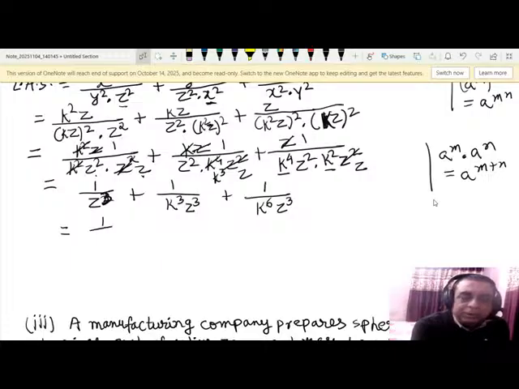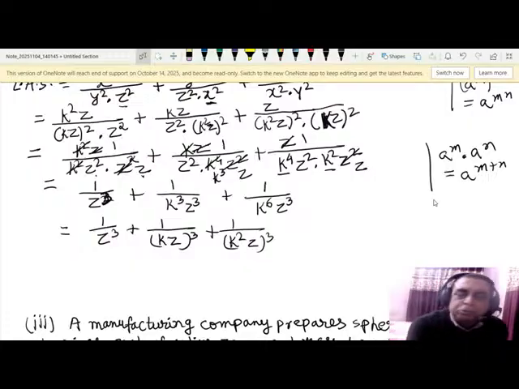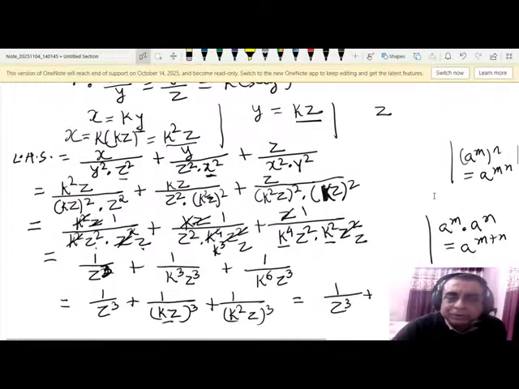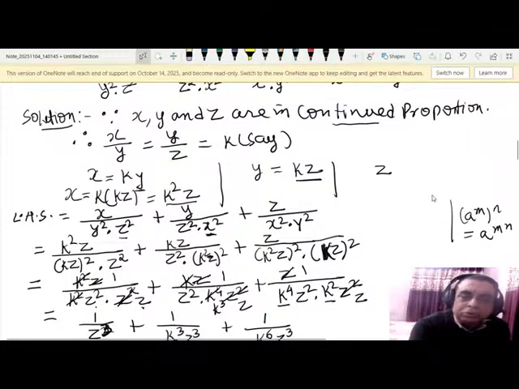So this is 1 upon z cube plus 1 upon kz whole cube. Take power 3 out. And this 1 upon k squared z whole cube. Because this power 3 will be the power of both k squared and z. So this is 1 upon z cube plus, now kz value is equal to y.